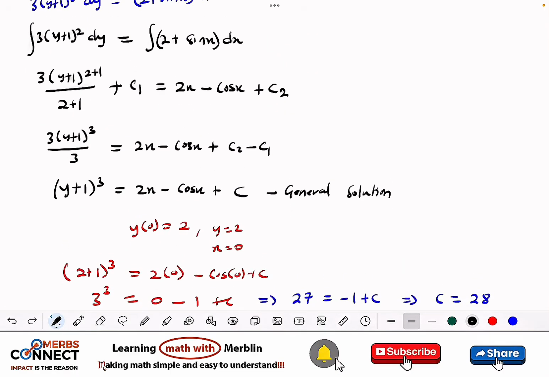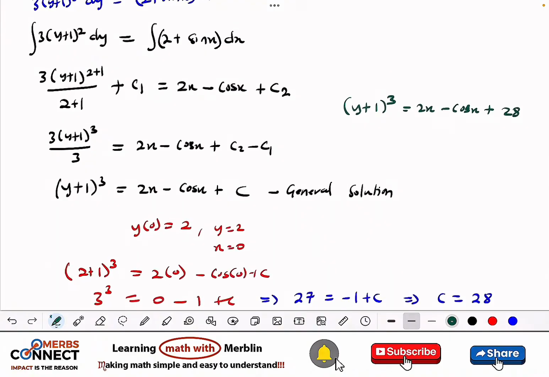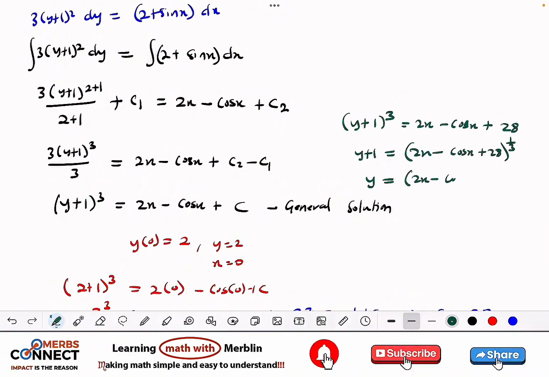And then putting c inside now gives us the particular solution. So (y + 1)^3 is equal to 2x minus cos x plus 28, right? And here we can make y the subject. So y + 1 is equal to (2x − cos x + 28) to the power 1/3, and y will be equal to (2x − cos x + 28)^(1/3) plus or minus 1.